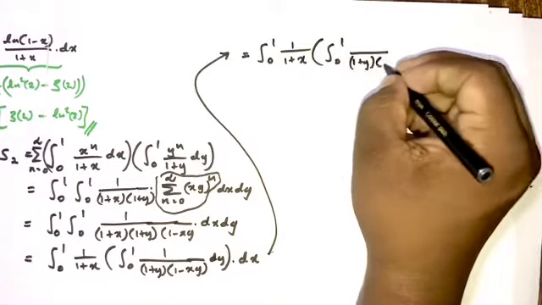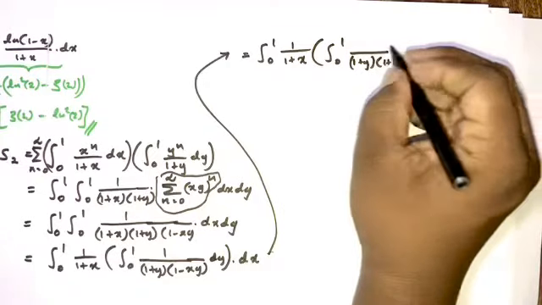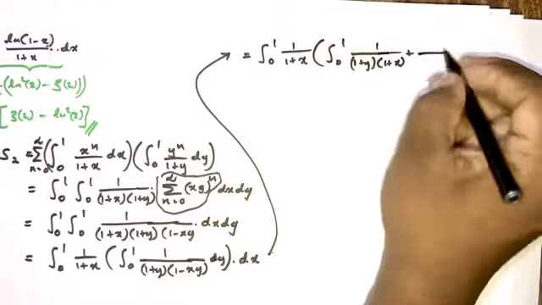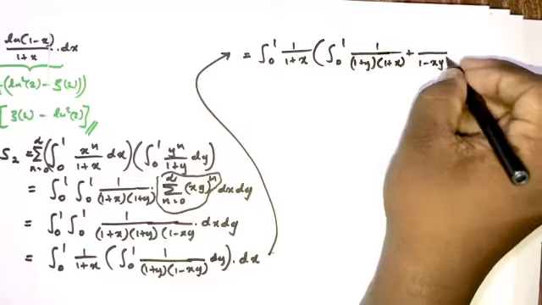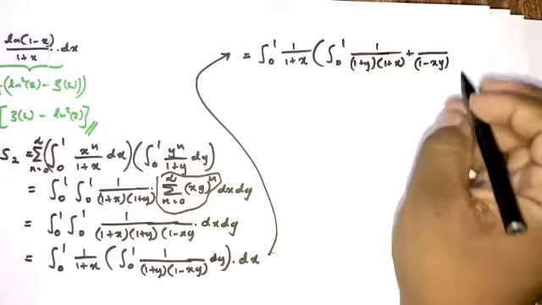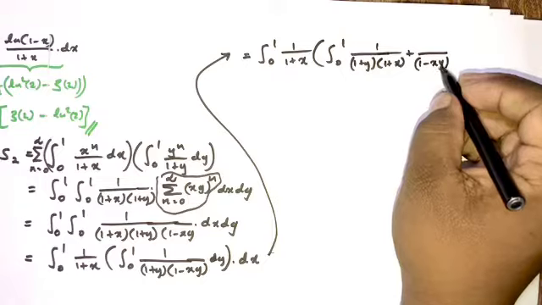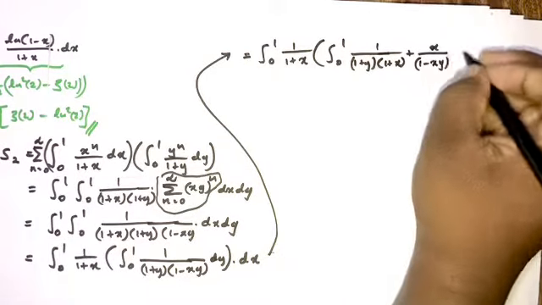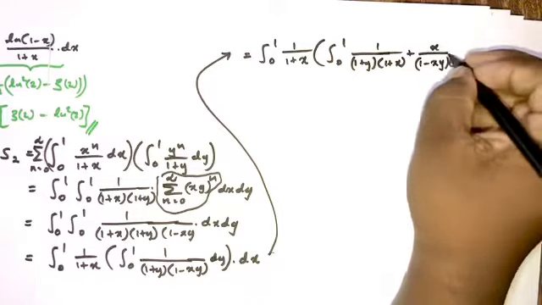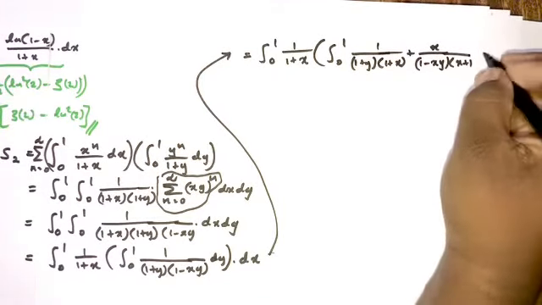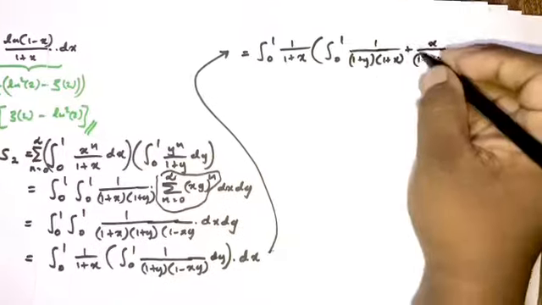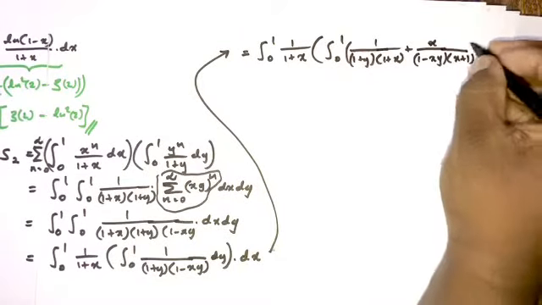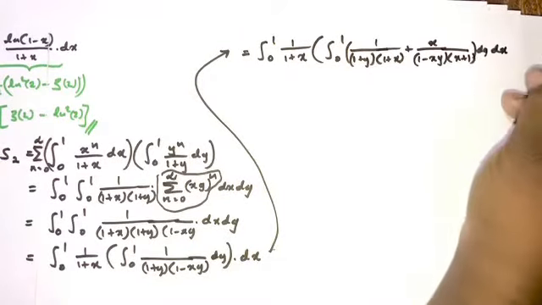Now I'm going to write 1 minus xy. Now instead of y we plug in 1 over x, so 1 plus 1 over x is (x plus 1) over x, so we can write x over x plus 1, dy dx.